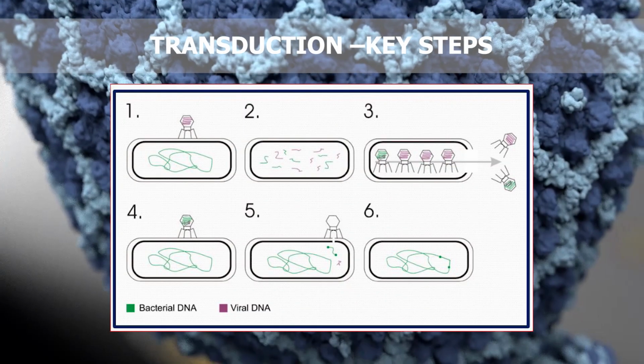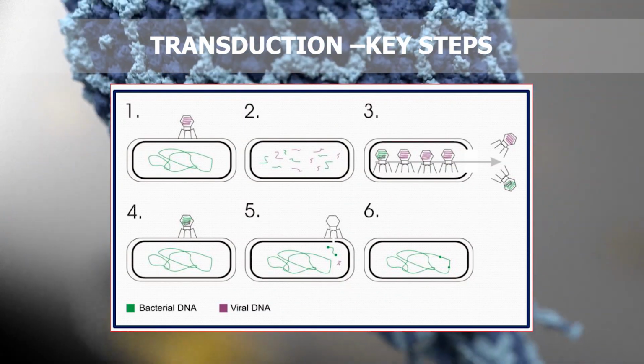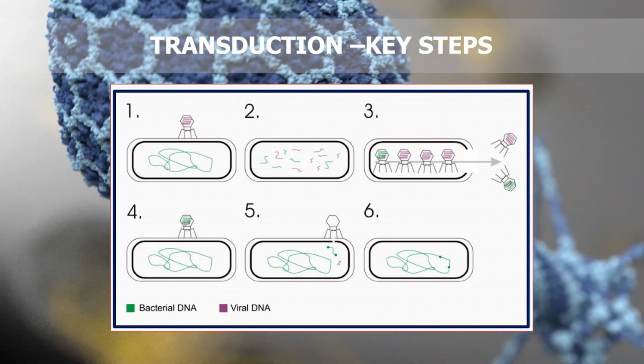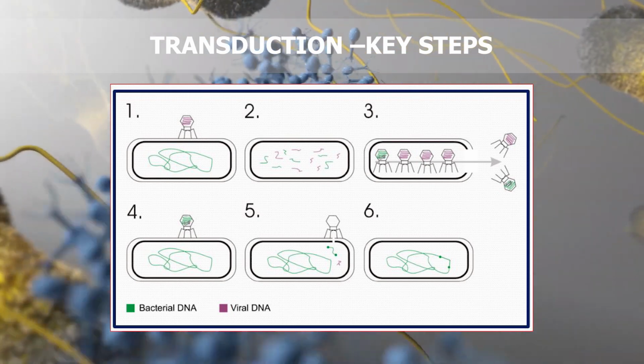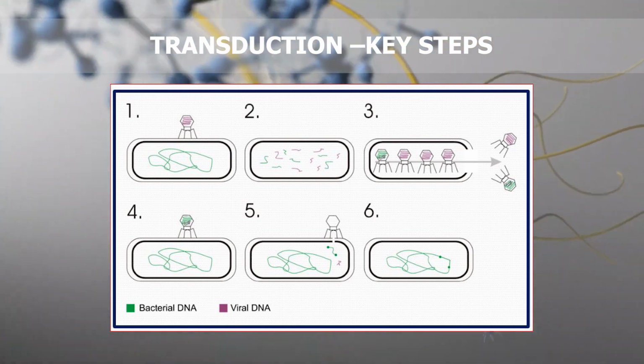Transduction is the mode of genetic transfer from one bacterium to another by a virus. Once a bacterial cell is attacked by a virus, the virus enters the bacteria and its genetic material integrates with the host cell and multiplies. Once the viral genome has multiplied, it separates from the host cell and is packed again into viruses, and after the host cell bursts, the viruses are released.